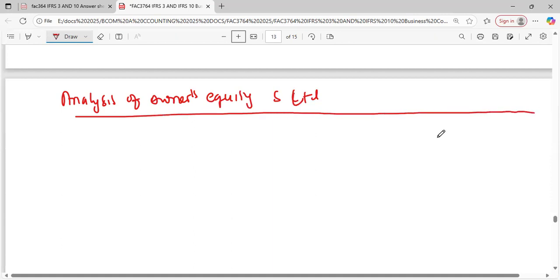Right, so this is how you do your analysis. We have our total here. Then we are going to have at acquisition. Then we are going to have since acquisition. Then we are going to have our NCI.